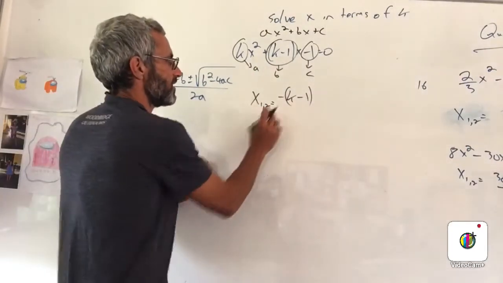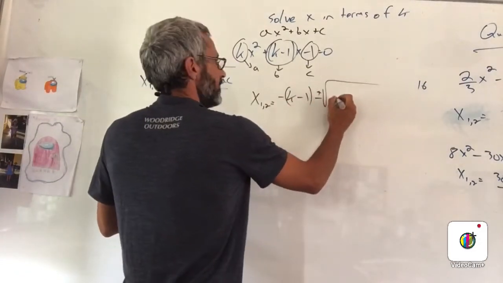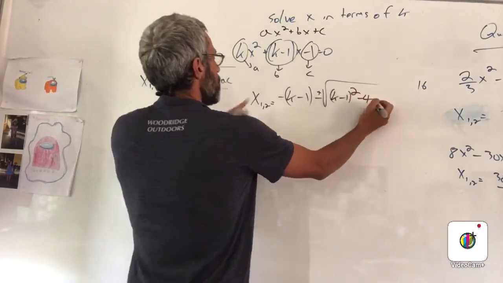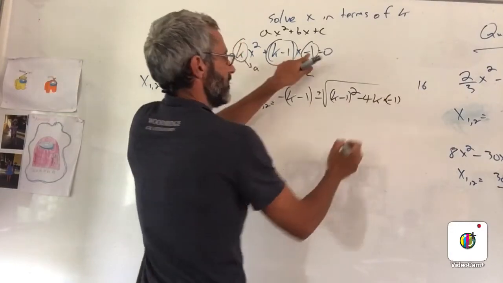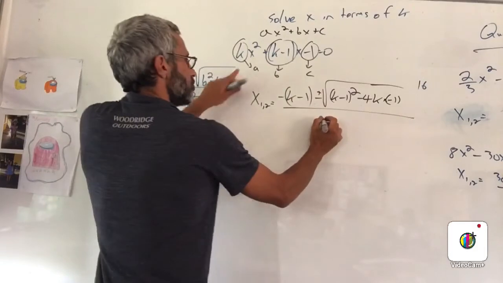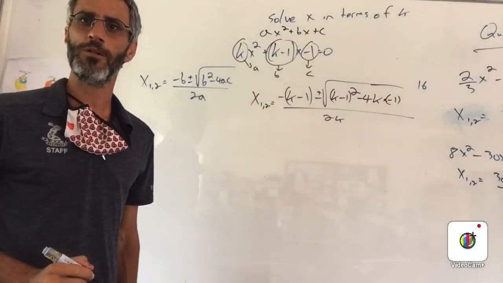You're right, but let's leave it like that. So minus b plus minus the square root of b squared, which is k minus 1 squared, minus 4 times a, which is k, times c, which is minus 1. Don't forget the minus 1 for c. Divided by 2a, which is 2k. We are happy so far?